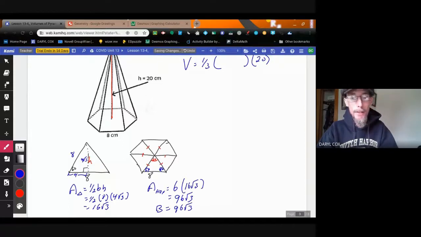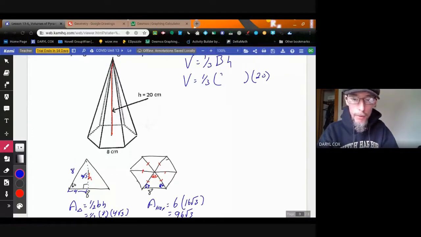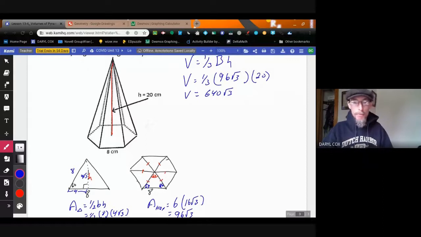Now I know my base area. I can go all the way back up to my volume and say, oh, 96 radical 3. And now I'm ready to calculate. Okay, let's see. One-third of 96, 3 goes into 96, 32 times. So 32 times 20 is 640 radical 3. That would be my exact volume.